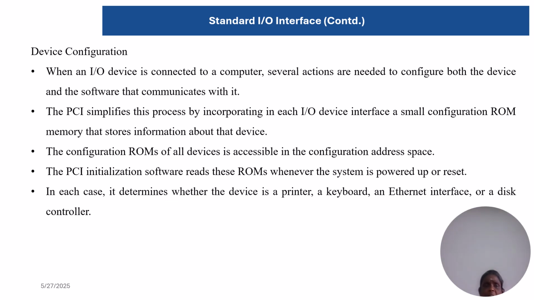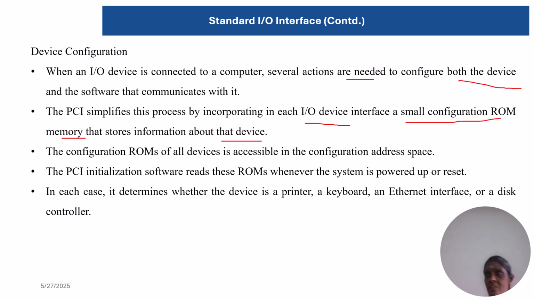Next one, device configuration. When an IO device is connected to a computer, several operations are needed to configure both the device and the software that communicates with the processor. The PCI simplifies this process by incorporating in each IO device interface a small configuration ROM memory that stores the information about the device.